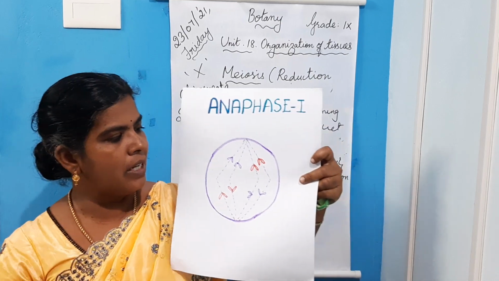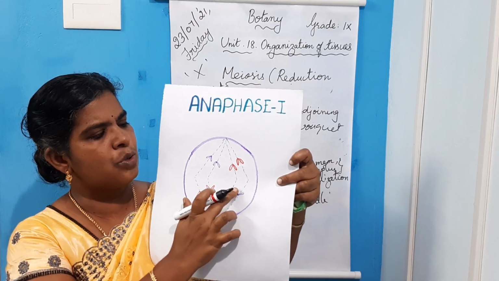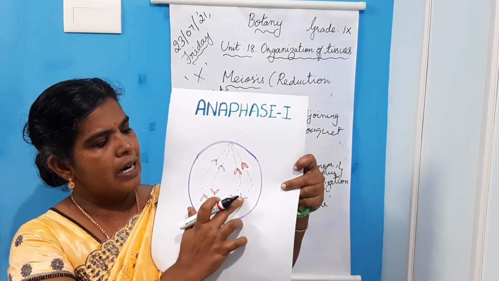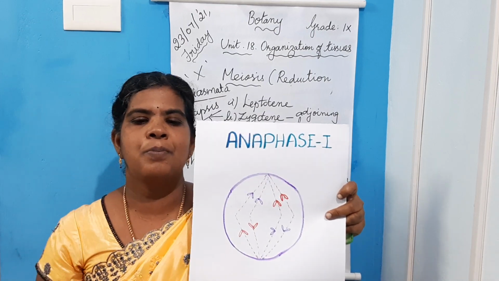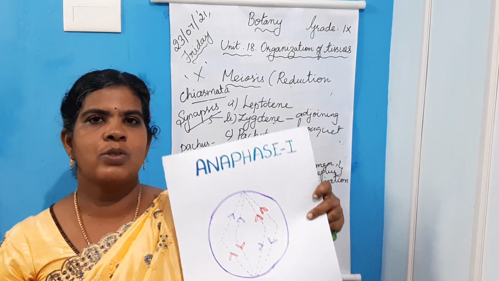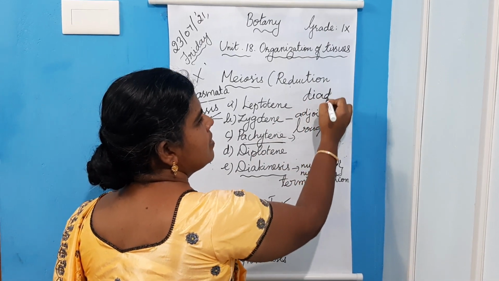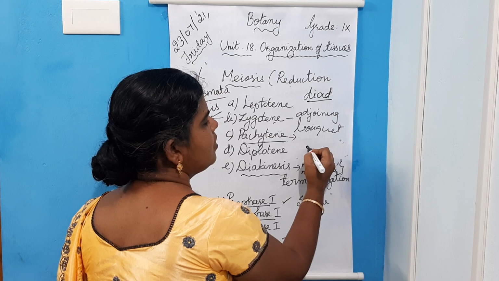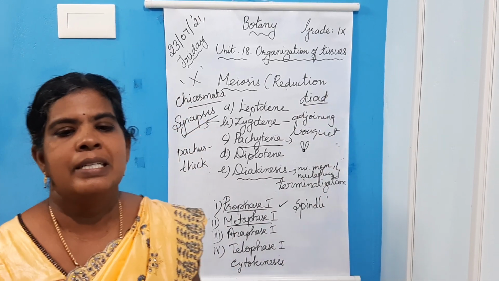This stage is also called dyad, because the chromosome is a centromere with two arms.